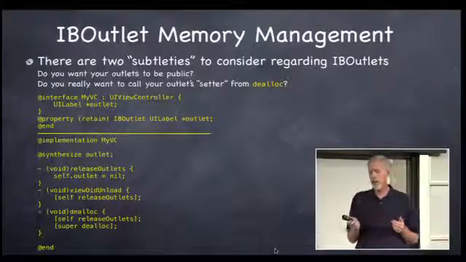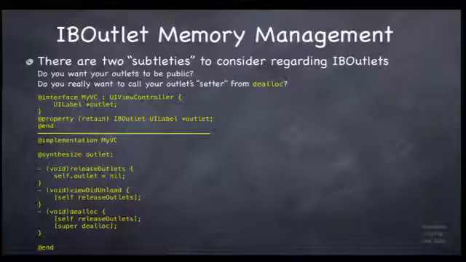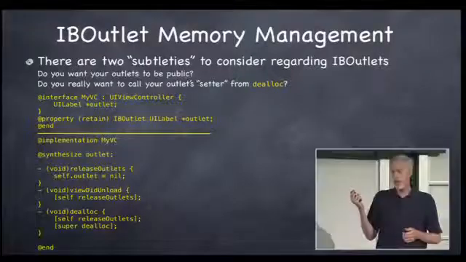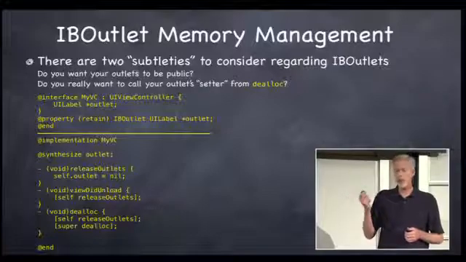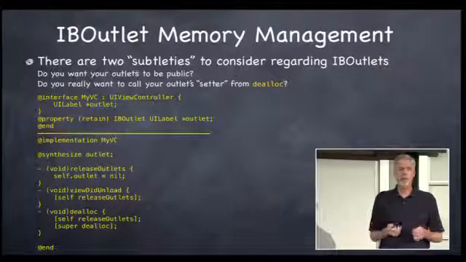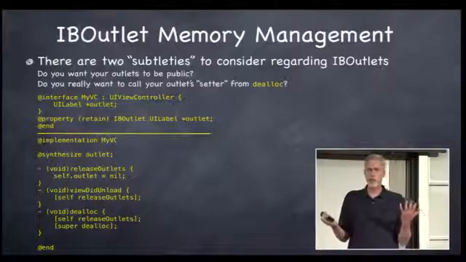And then in our implementation, in viewDidUnload and in dealloc, we call this helper method that we made up called releaseOutlets that does self.outlet = nil. Now, in this arrangement, you can see that our outlet called outlet, which is a UILabel, is public. So anybody could send a message to it to do whatever they wanted.